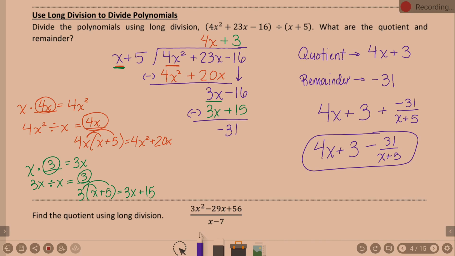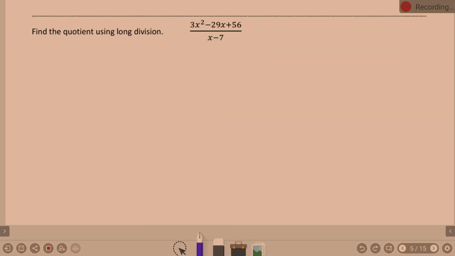Okay. This next one is expressed as a fraction, but it still says what? Find the quotient using long division. With that in mind, okay, set yourself up. What goes in the box? 3x squared minus 29x plus 56. What goes outside the box?